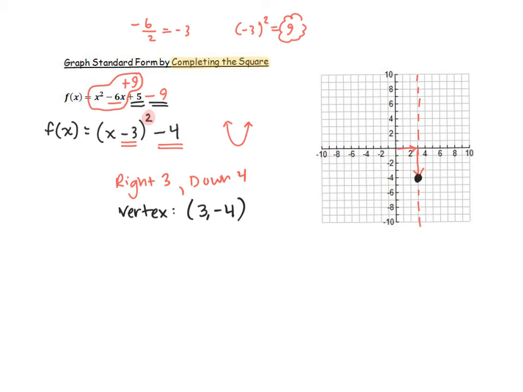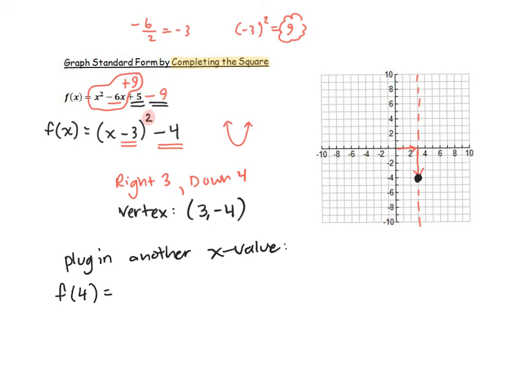I'm just going to go one value to the right, which is +4 on the x-axis, and I'm going to plug in +4. I'm choosing 4 just because it's close to my axis of symmetry.